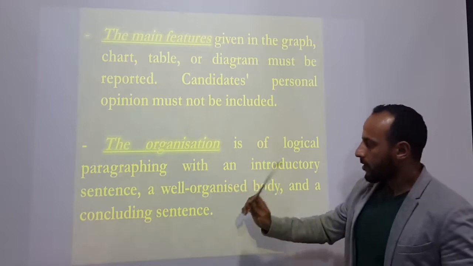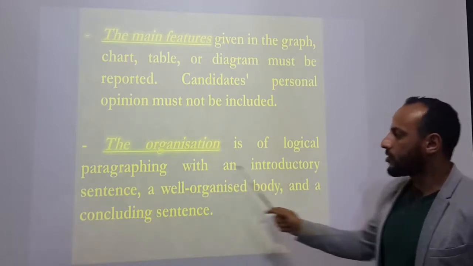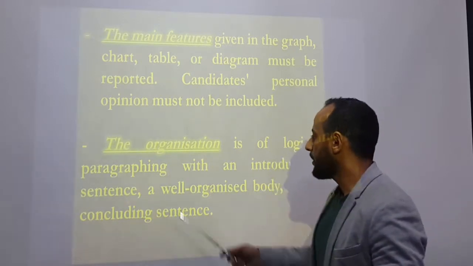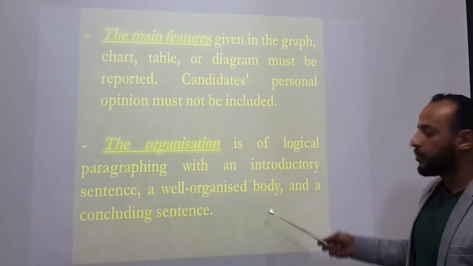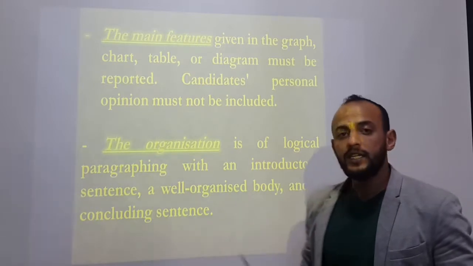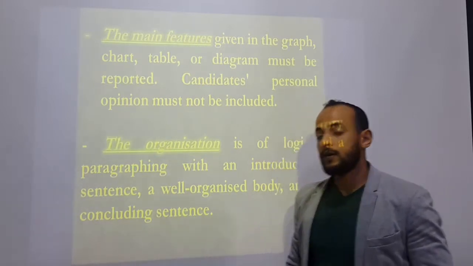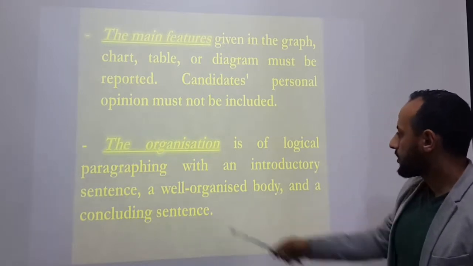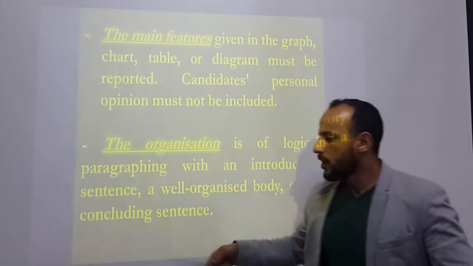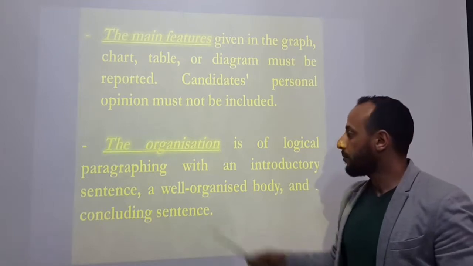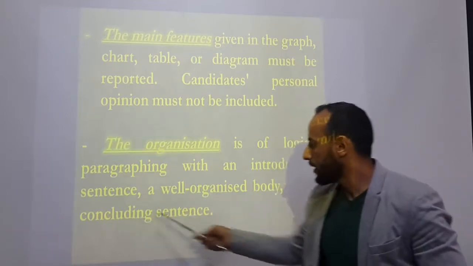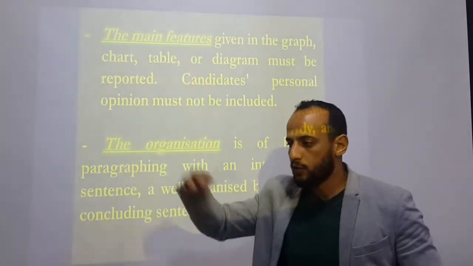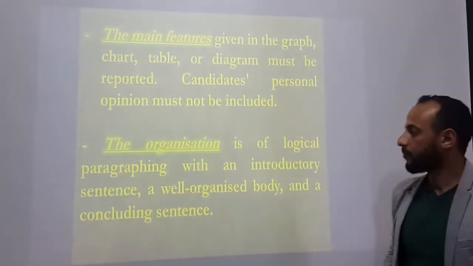So the paragraph will have an introductory sentence or sentences, not more than 2. Then you will have a well-organized body, where you give the details and examples from the graph. That's the body. Then you move to conclude your paragraph with a concluding sentence. That's to sum up the above and to pave the way to the next.